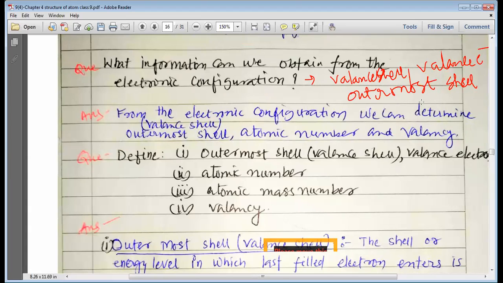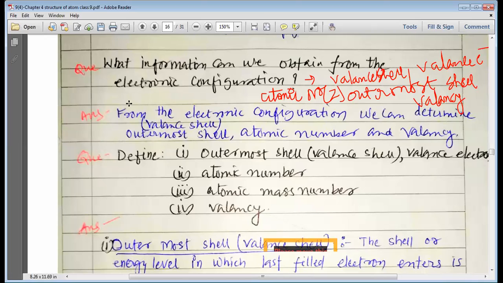We can even come to know about the valency of the atom, and when we calculate the number of electrons, we get the atomic number, which is known as Z.